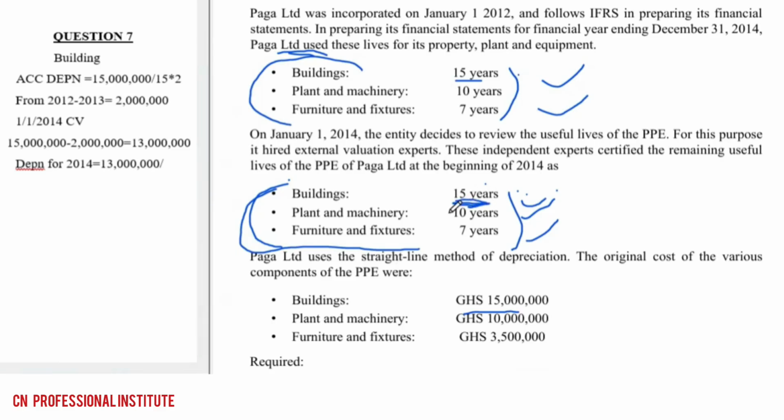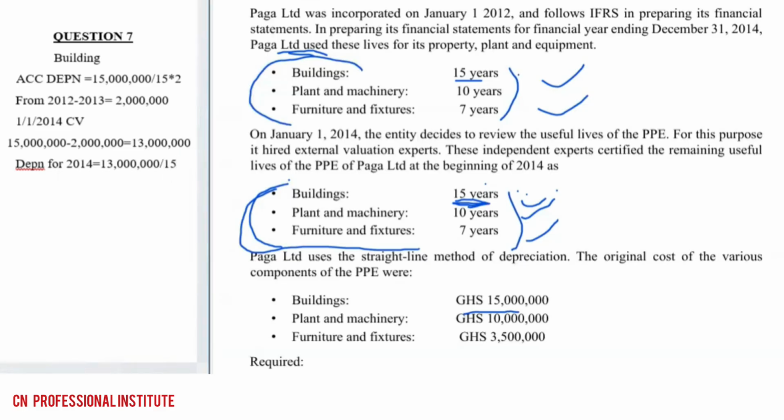It's a coincidence that the original useful life was the same as the revised remaining useful life. In other cases, they'll be different. What you have to do is use the remaining useful life. When you are calculating depreciation for 2014, that is the year in which the change happened, so we are going to use the whole 15, and it's remaining.